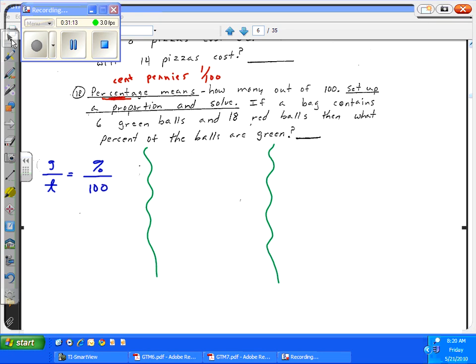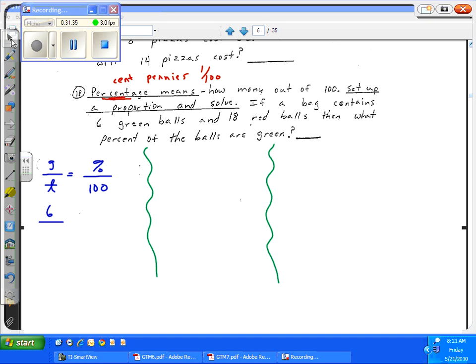Percent means hundreds. So we can take the number of greens over the total. That would kind of give us the fraction. And we want to make that equal to so many hundredths. And by making our fraction equal to hundredths, we've turned our fraction into a percentage.